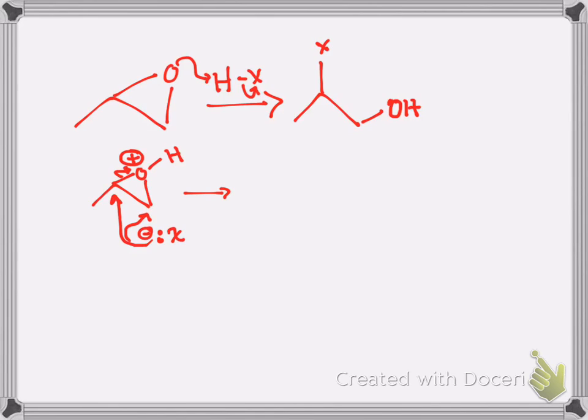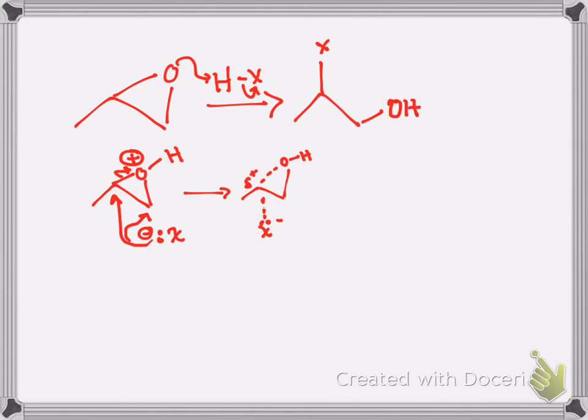you're going to end up with a transition state that looks like this. So in this transition state, as this bond breaks and the oxygen pulls the electrons away, it ends up forming a positive charge on the carbon as it breaks away.